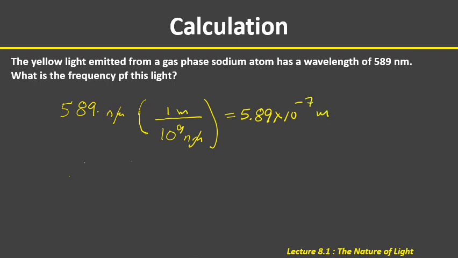All right, so to calculate our frequency, remember we just figured out frequency is going to be C divided by lambda. So this is going to be 3.0 times 10 to the 8th meters per second.